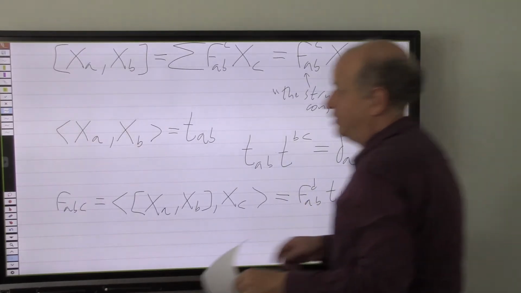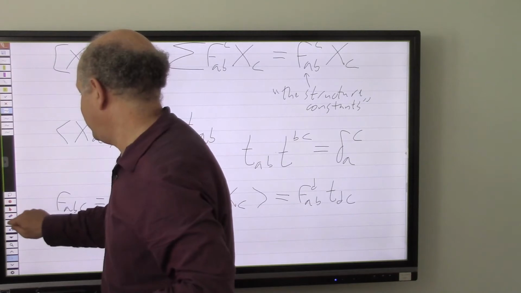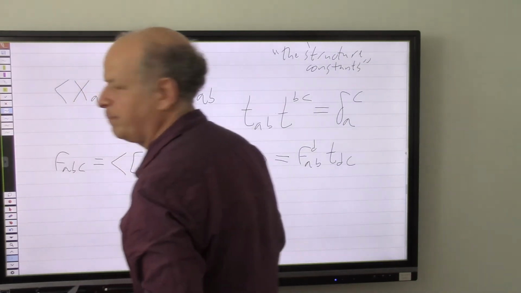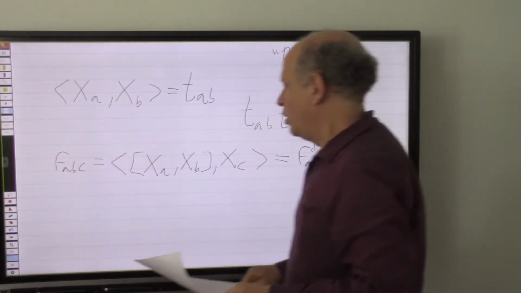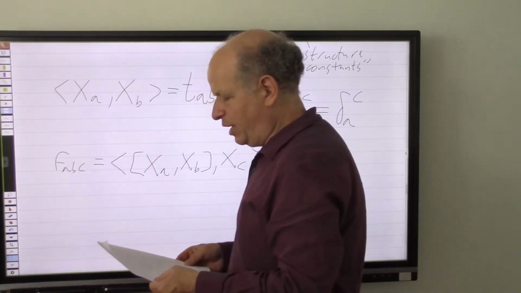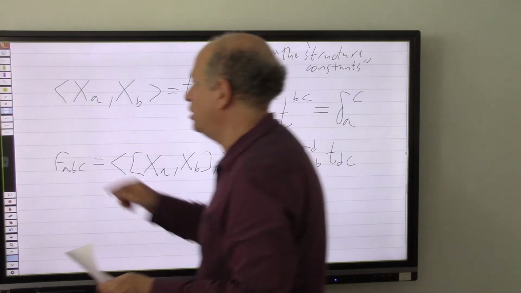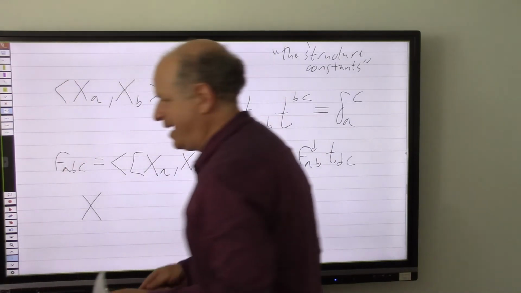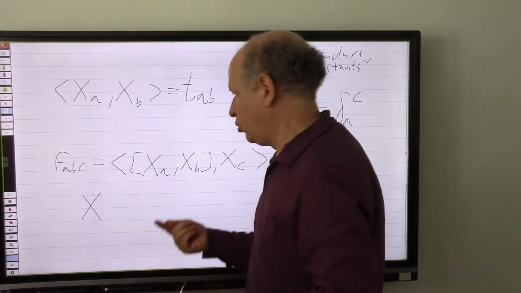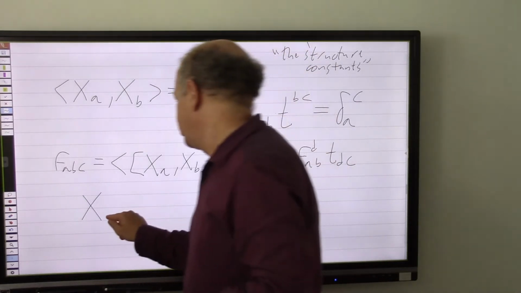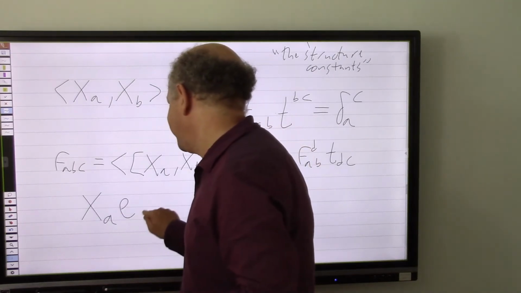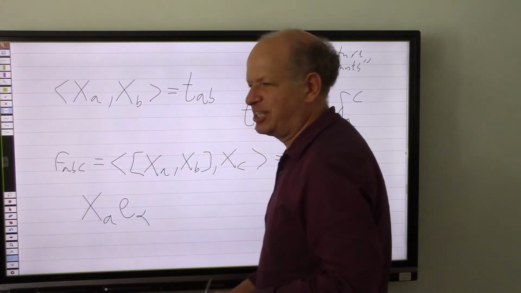And then the last thing of that nature is I need to do the same to the representation. What is the representation? A basis element of the Lie algebra, some x sub a, acts on a basis element of the representation space.